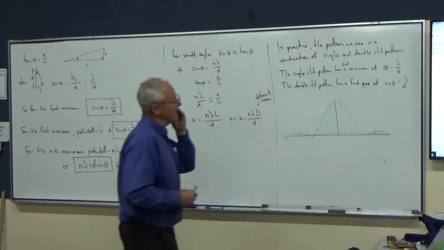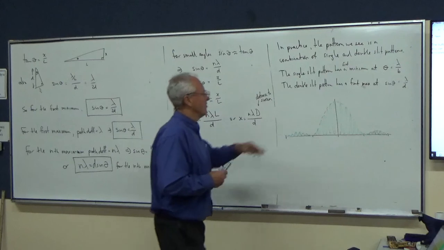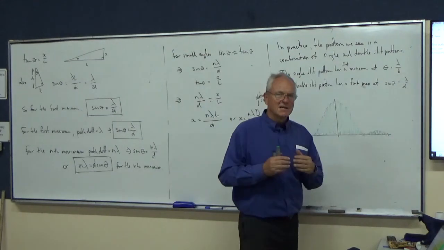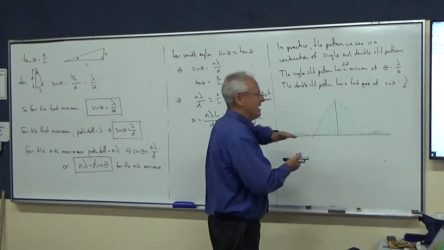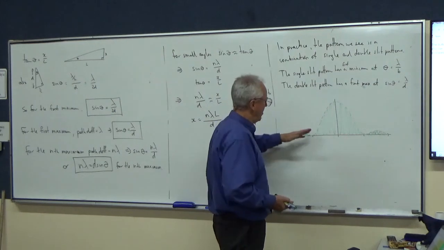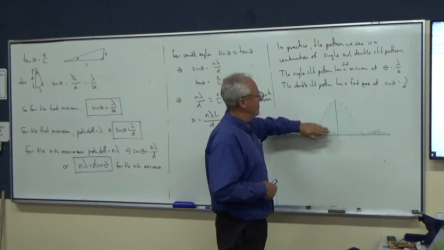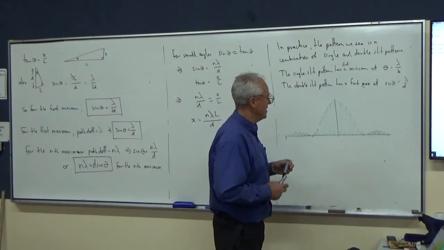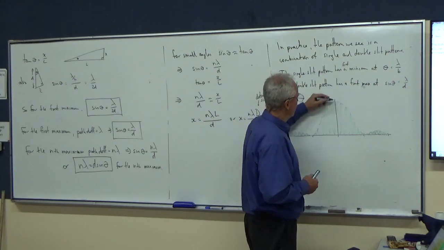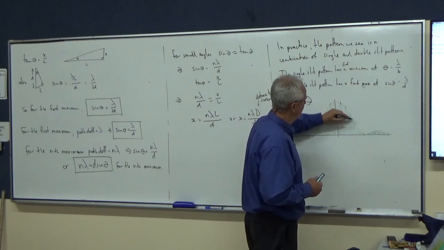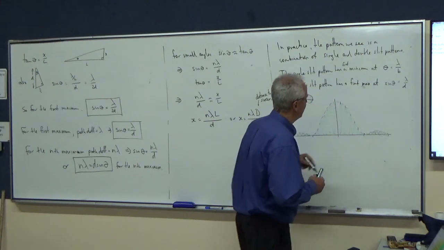So something like that. So you've got the single slit diffraction pattern as an envelope holding that double slit interference pattern. And from the relative numbers there, how many maxima do we get here? In my case, 1, 2, 3, 4, 5, 6, 7.